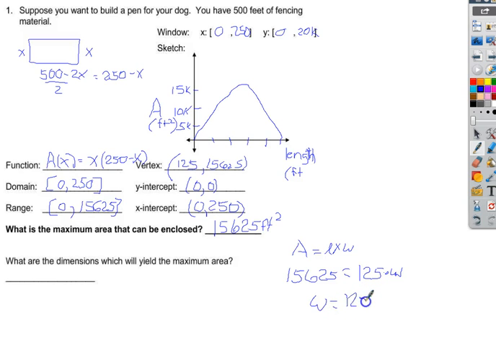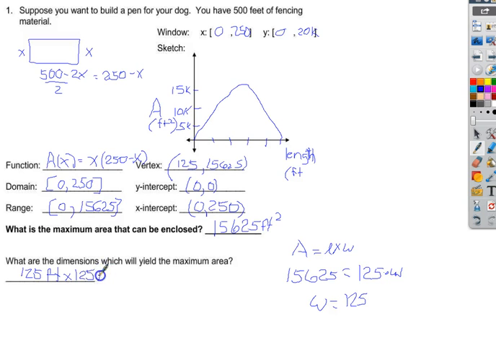I'm going to go ahead and write that down. 125. So our answer is 125 feet by 125 feet. We've now solved problem 1.